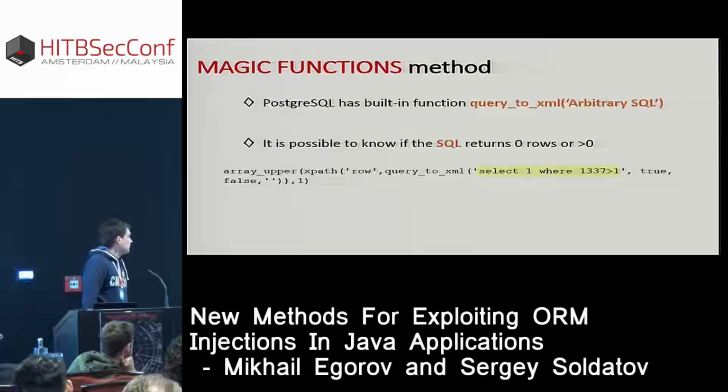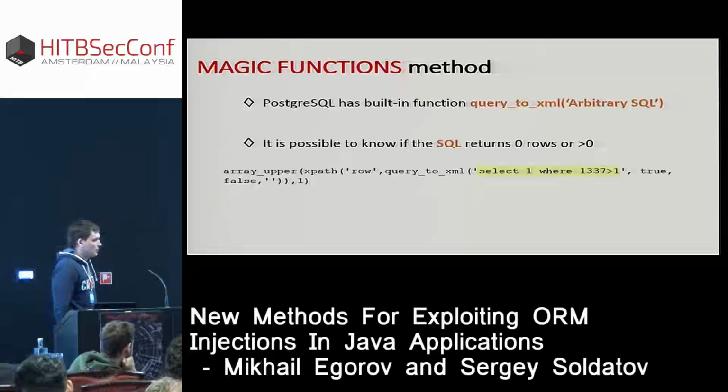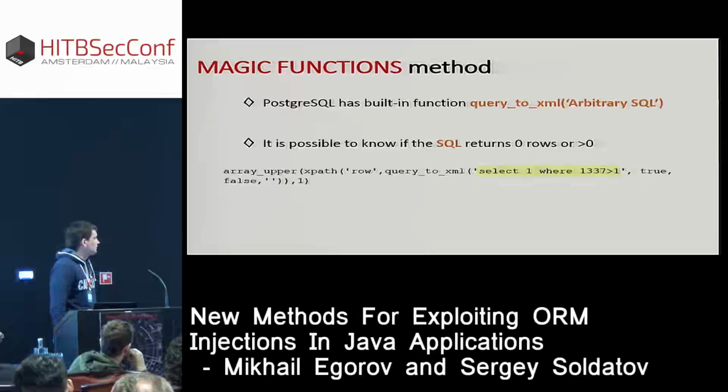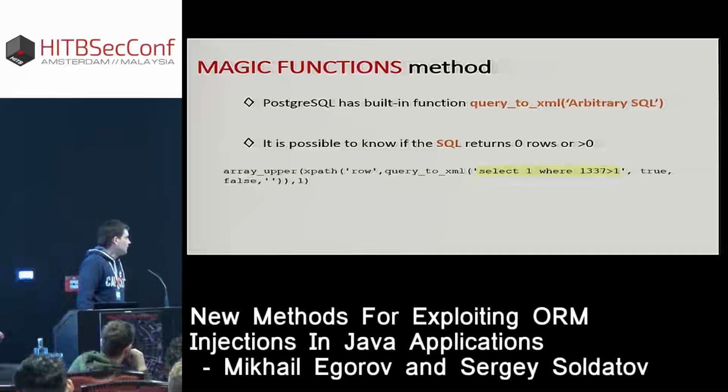PostgreSQL has a nice built-in function, query_to_xml. It evaluates a SQL query from a string parameter and returns an XML object. That XML object represents the query execution results. But we cannot use query_to_xml directly in an HQL query.